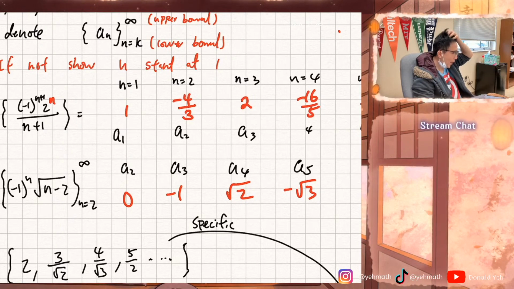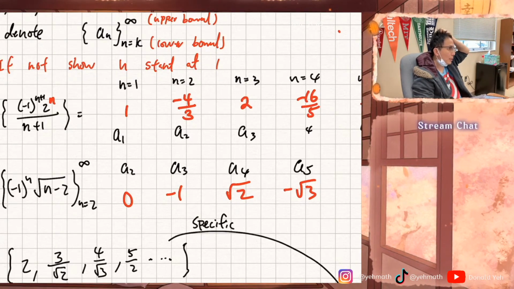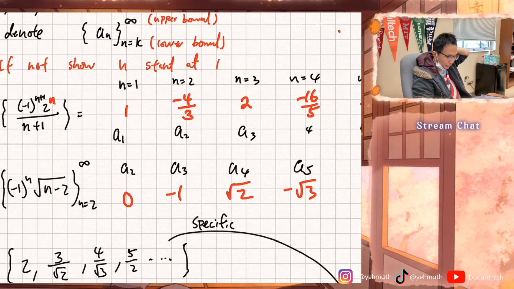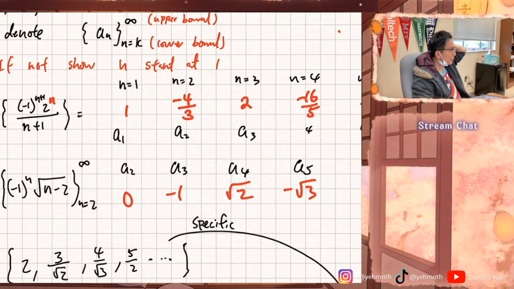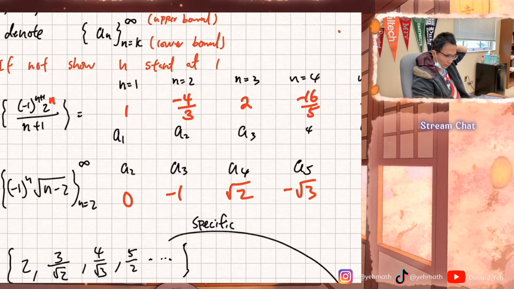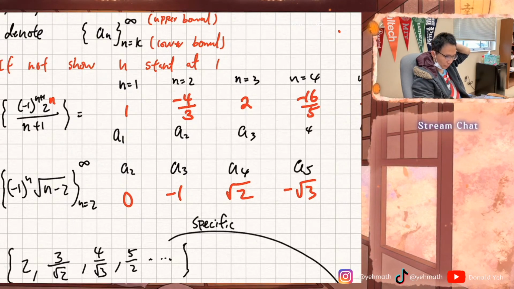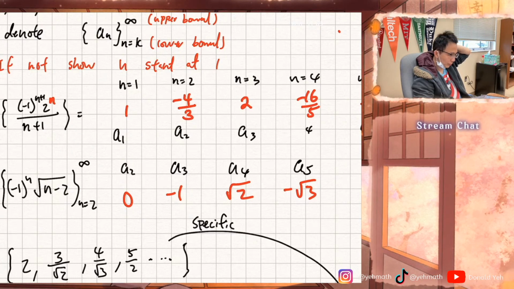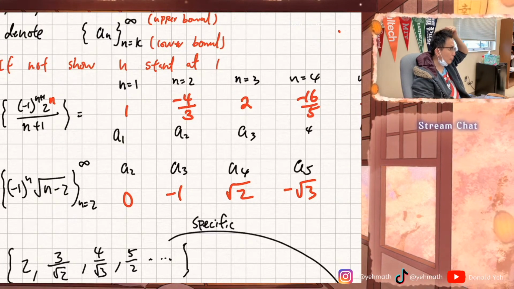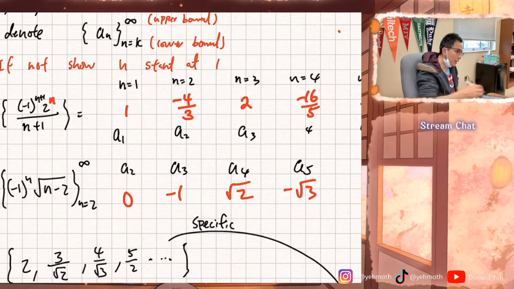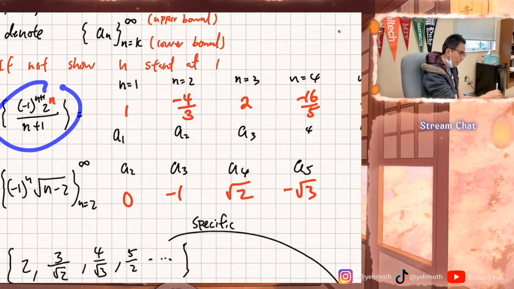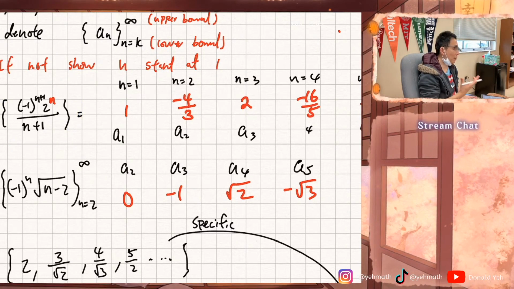What do you think the pattern of the next one is? Can you come up with a pattern that represents this? It's going to be in terms of n. So what you're going to do is come up with these things here, and how do you come up with that sequence?